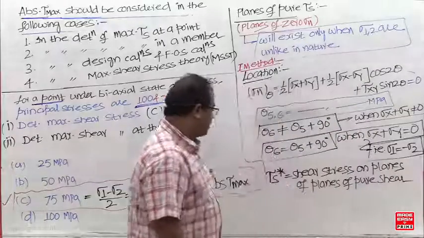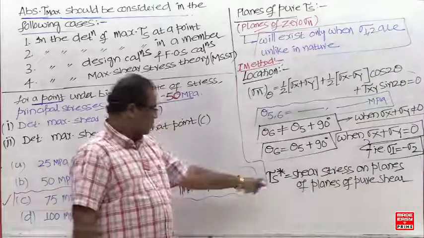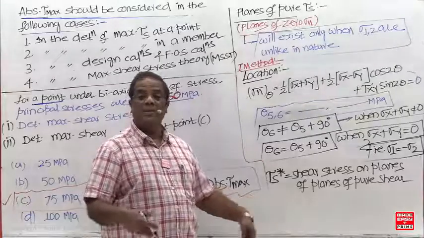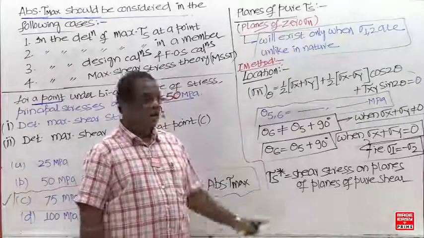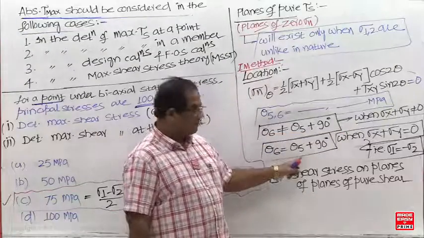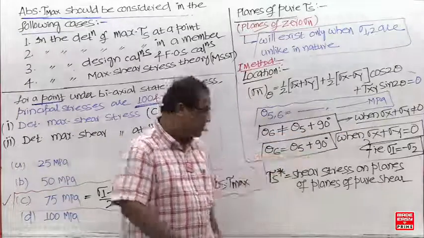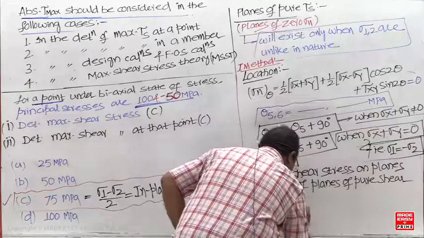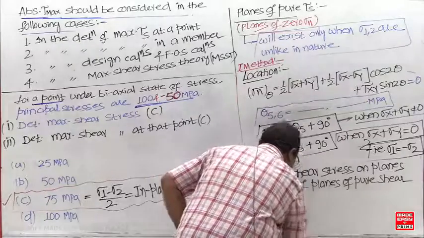Shear stress on planes of pure shear. Now is this value equal to tau max, less than tau max, or more than tau max? It is less than tau max in this case, but it is equal to tau max when sigma x plus sigma y is 0.